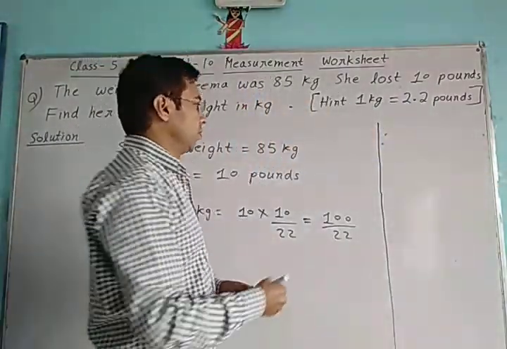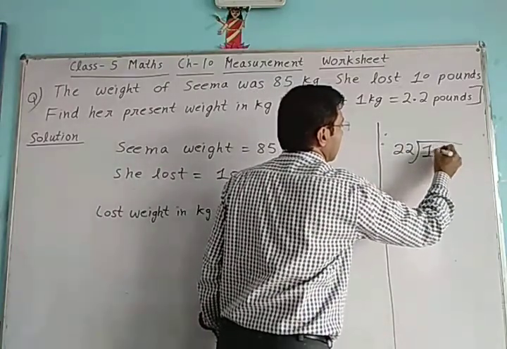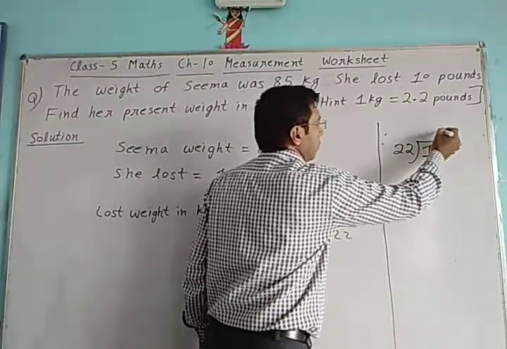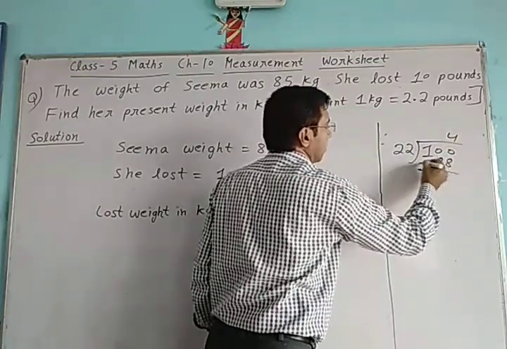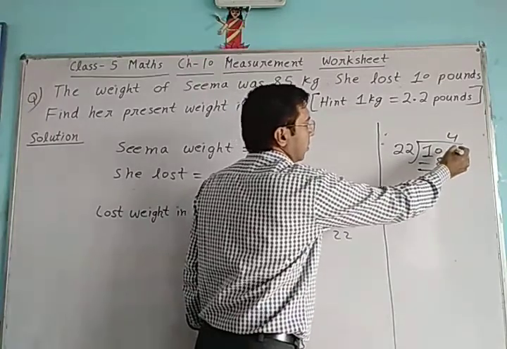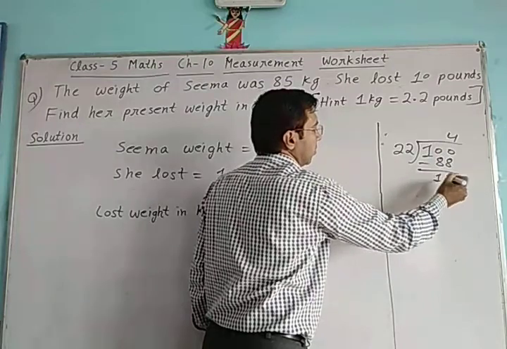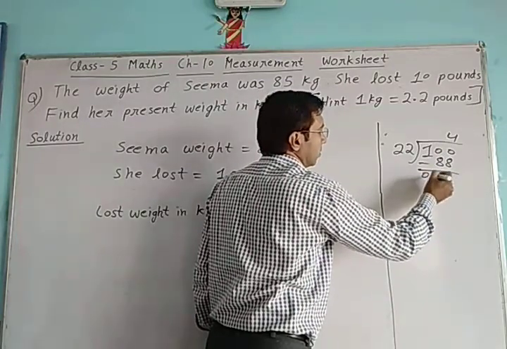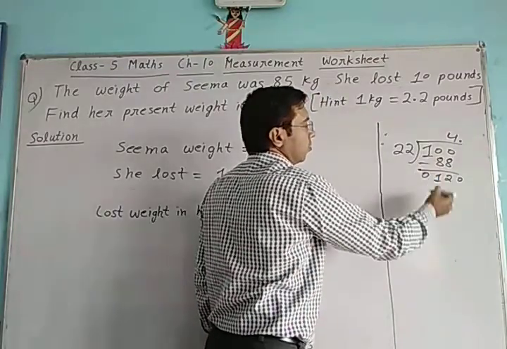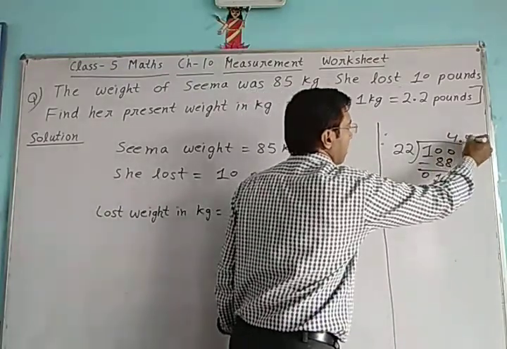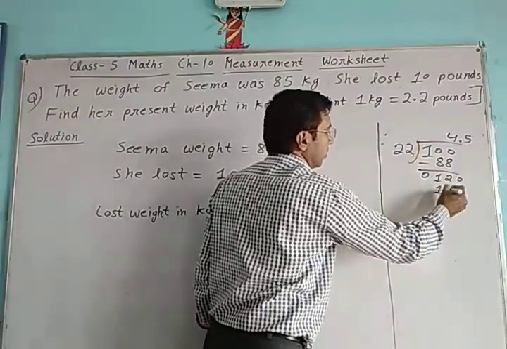100 upon 22. 22 4 88. Now 10 minus 8, 2, 9 minus 8, 1, 0. Now we put a decimal, we add 0 here. Now 22 into 5, 5 2 10, 5 2 10, 1 plus 1, 11.